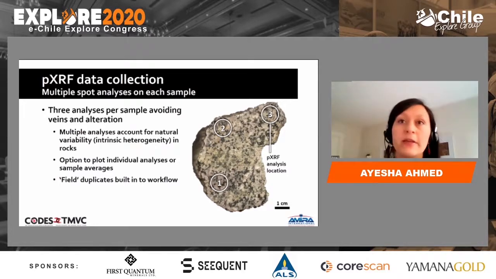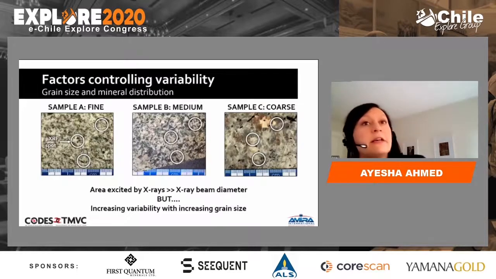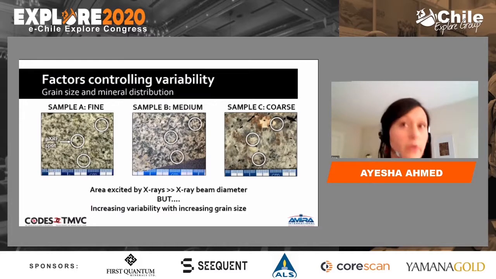Collecting multiple PXRF spots is not really necessary when you're using a sample medium like pulps because the rock has been pulverized and homogenized. So no matter what part of the pulp is analyzed, you're likely to get the same answer. But intact intrusive rocks are not homogeneous specimens.